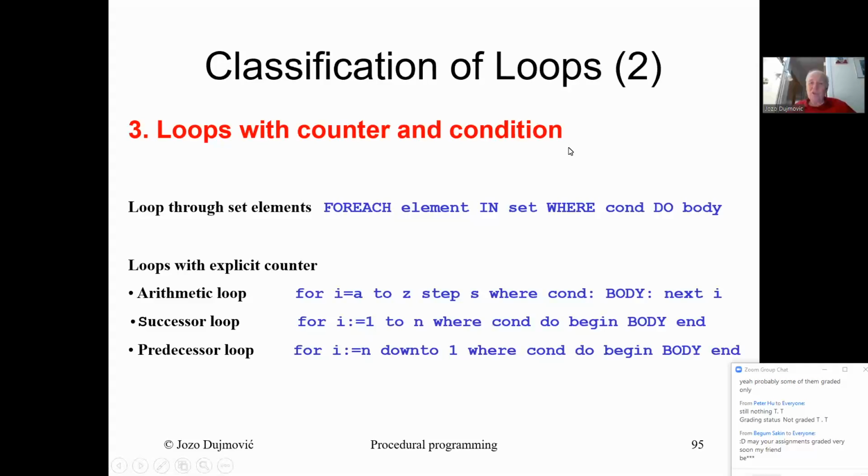So for each element in a set where the condition is satisfied, perform this body, or loop with step: from A to Z with step S, where the condition is satisfied, do body. So these are loops with condition.